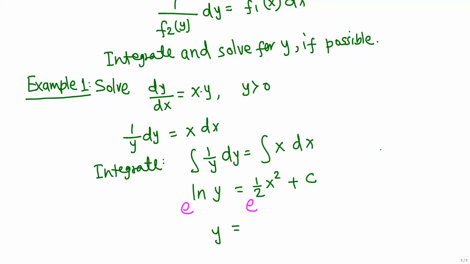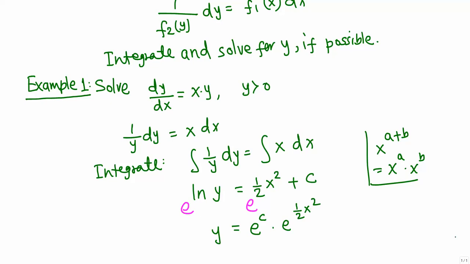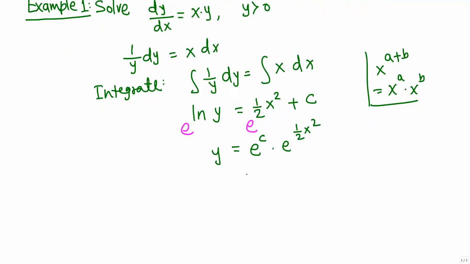And by the way, whenever we have x raised to a plus b, this is the same as x raised to a times x raised to b. So we can write e raised to c times e raised to 1/2 x squared. This is the answer, but we can do better.